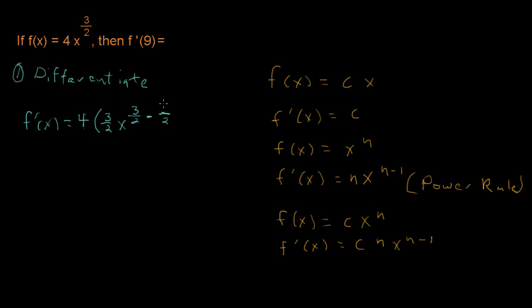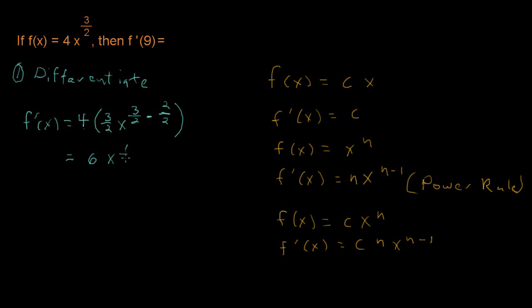Let's write it as 3/2 minus 2/2. And then what does that simplify down to? 4 times 3 is 12, and then divided by 2 we get 6 for the constant that's out in front, and x is going to be raised to the, what is 3/2 minus 2/2? That's just the 1/2 power.